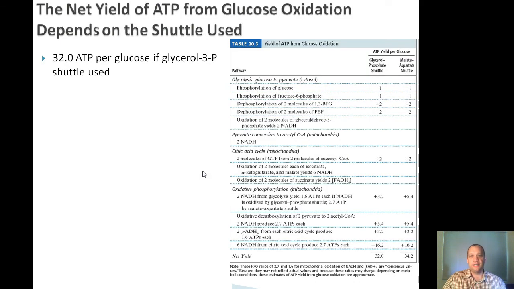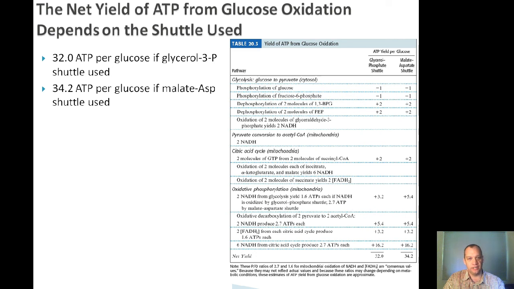And so what this means is that when the glycerol-phosphate shuttle is used, only about 30 ATPs per glucose can be produced, whereas up to 32 ATPs can be produced per glucose if the malate-aspartate shuttle is used.